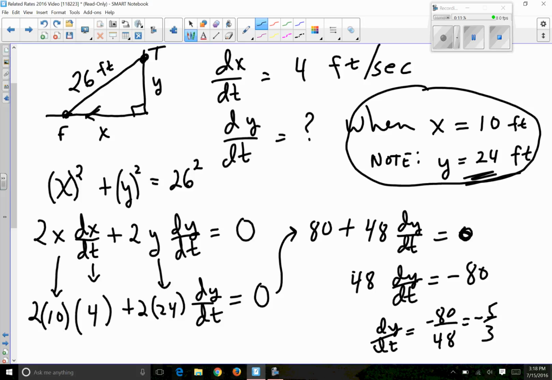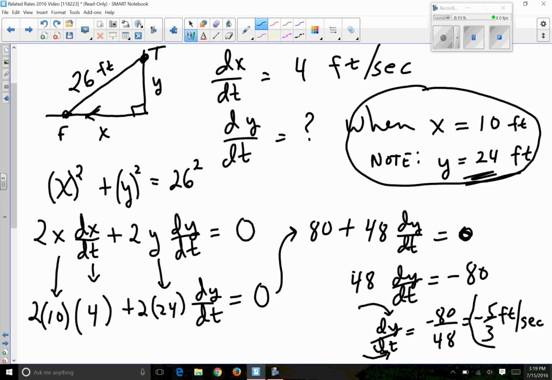And y is this distance from the top of the ladder to the floor, and that's measured in feet. And time down here is measured in seconds, so negative 5/3 feet per second.